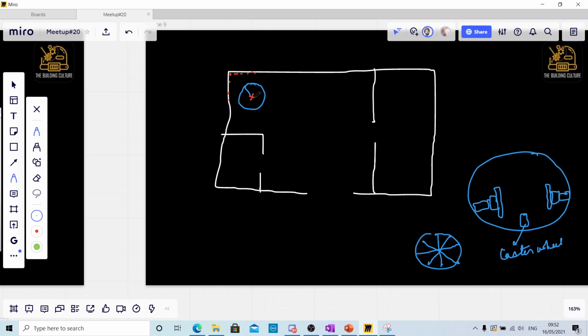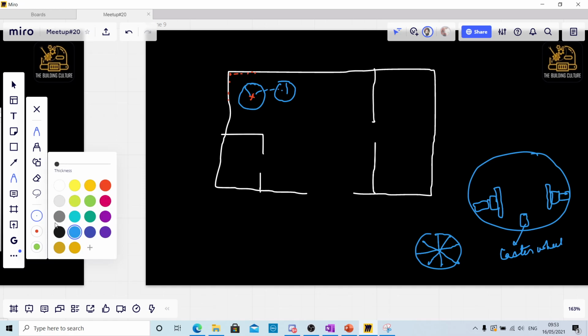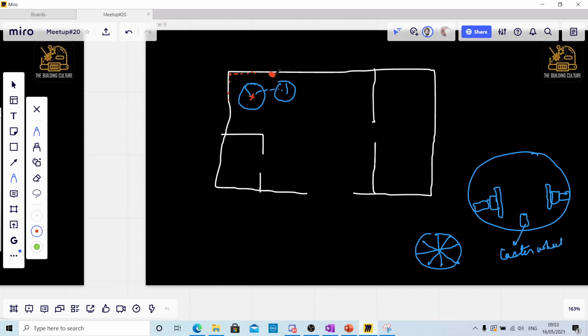So initially this is where it is, and maybe now the robot rotates and moves to this new position, and also rotates a bit. So this would be the new lidar reading, right?